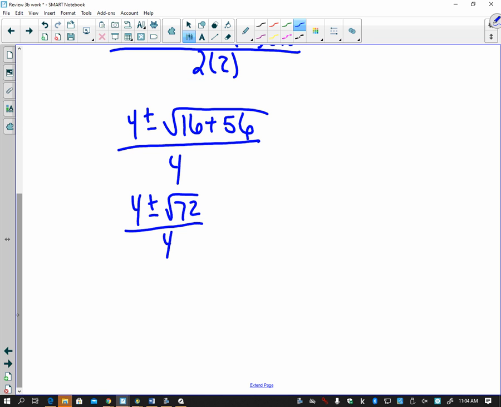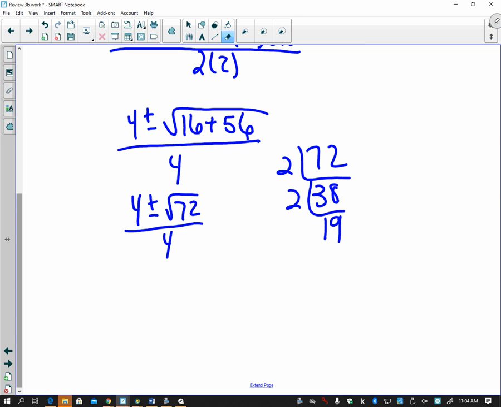Okay, and we want to take 72 and simplify it. We can divide it by 2 and we get 36. Sorry, thank you for catching that. 36. Then that's going to be what, 12 and 3?